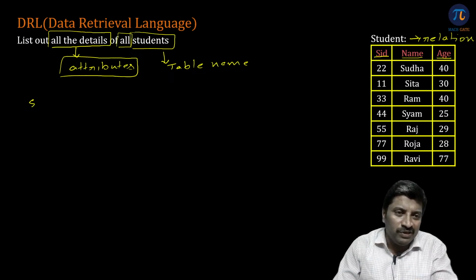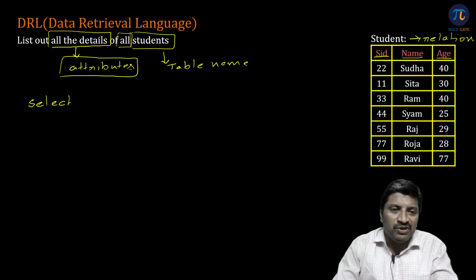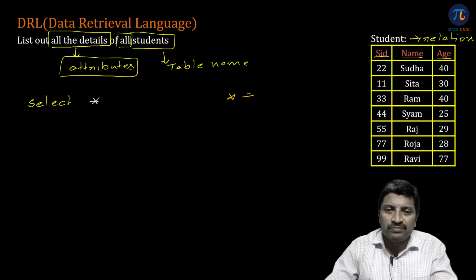So the answer will be select. I want all the attributes. Whenever you need all the attributes, you can simply write star. Select star. What does it mean, sir? Star means all attributes.